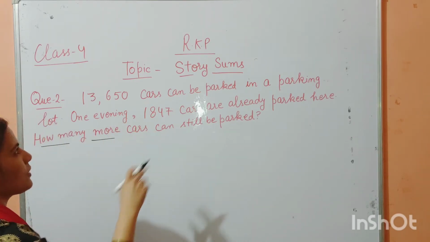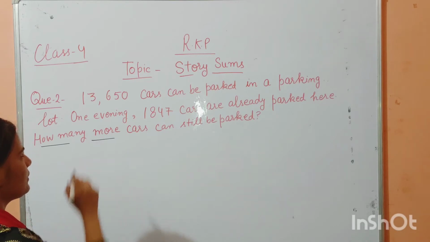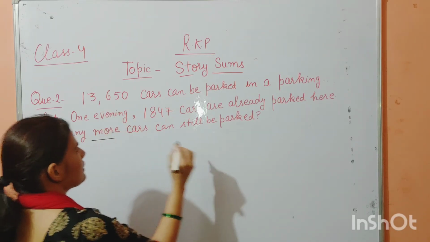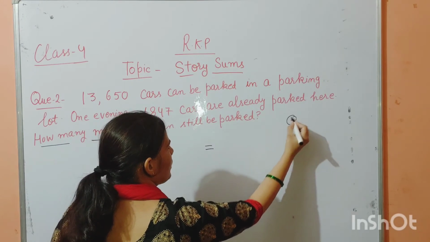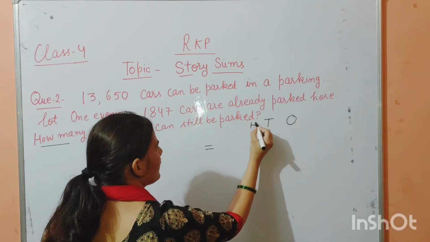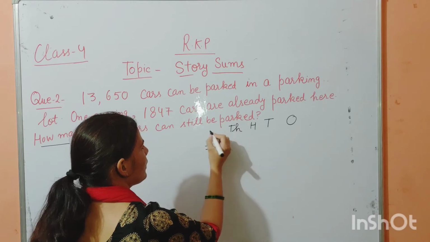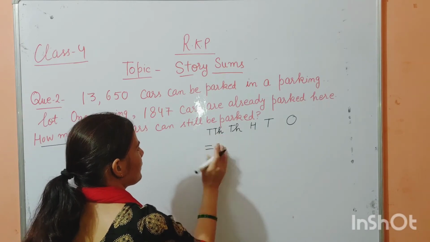Okay, so this is a subtraction story sum, and write the numbers. First of all, place it in the place value chart: ones, tens, hundreds, thousands, ten thousands.